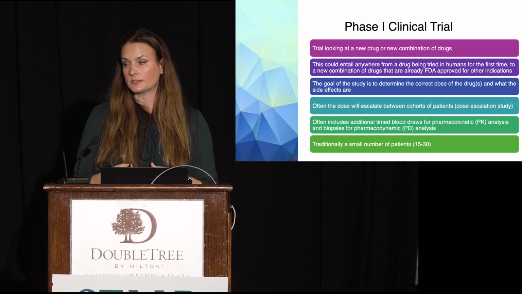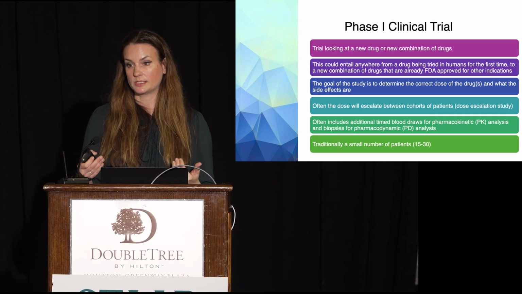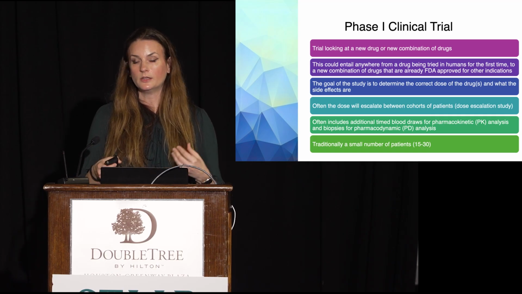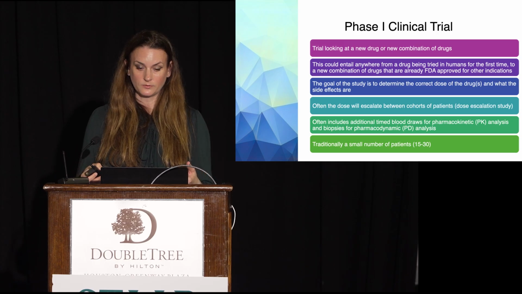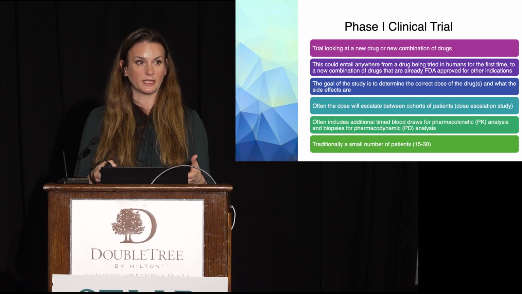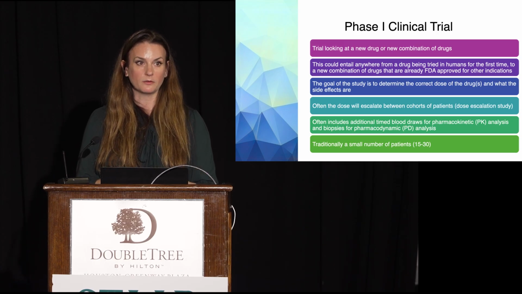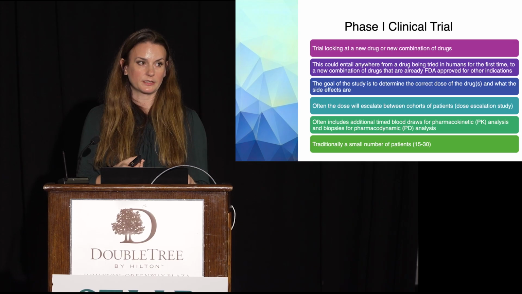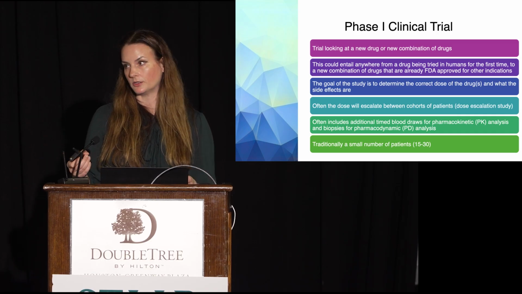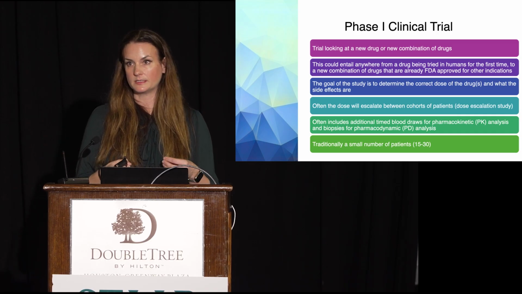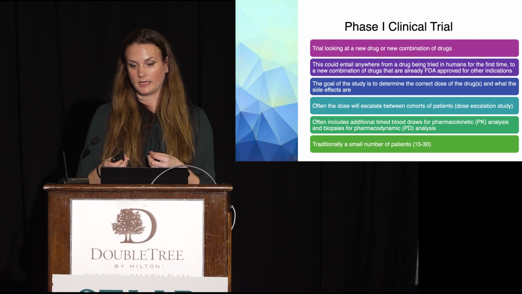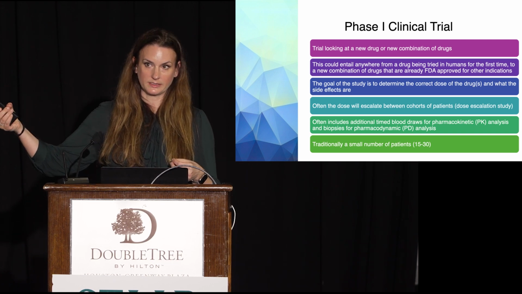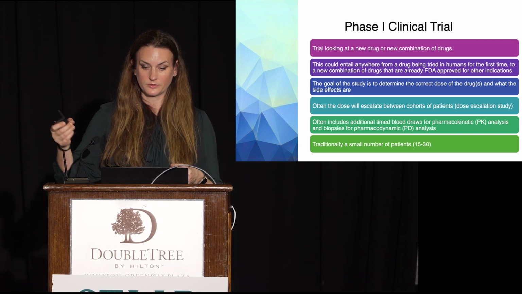Now, phase 1 studies oftentimes have a lot of extra tests involved. Because these are new drugs or new combinations of drugs, they oftentimes have multiple blood tests that happen, what we call pharmacokinetic analysis or PK analysis. A PK test is a blood test that checks to see what the level of the drug is in your blood. Sometimes that is done before you get the drug, and then 30 minutes, an hour, 6 hours, 8 hours, 12 hours after the drug.